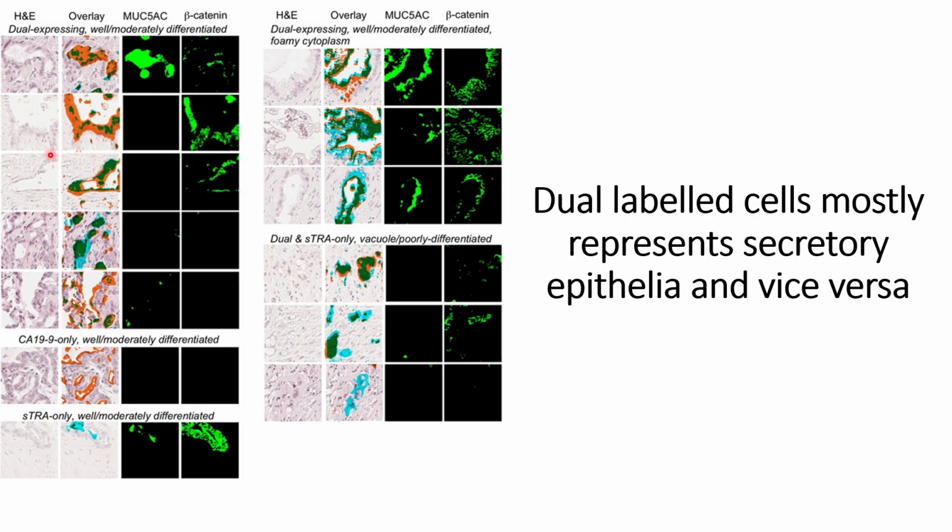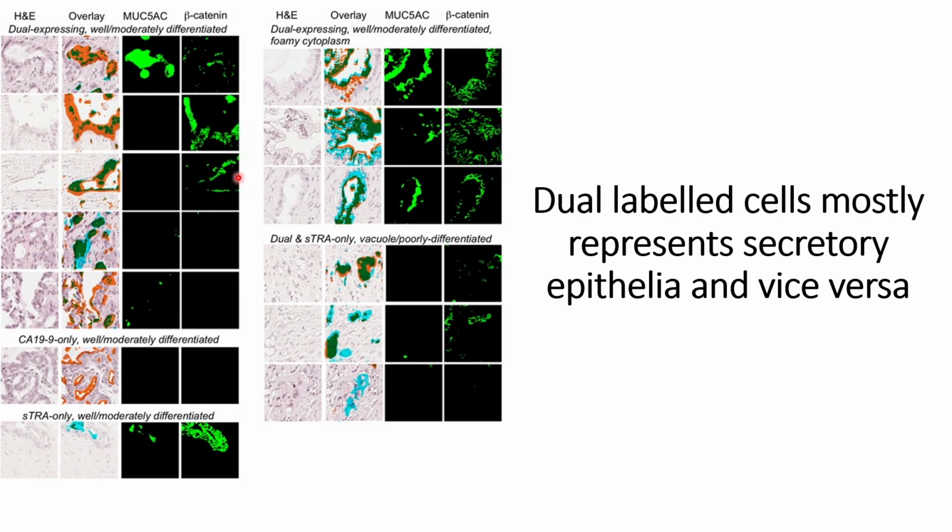Whereas in the case where the differentiation is not proper, we cannot see MUC5AC's presence. However, we can see that beta catenin is present, and the same thing we have observed in another case where the differentiation is not proper, where CA19-9 is more dominant compared to sTRA.